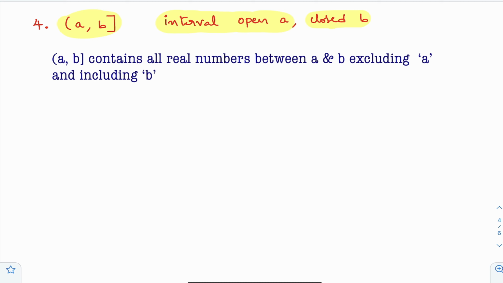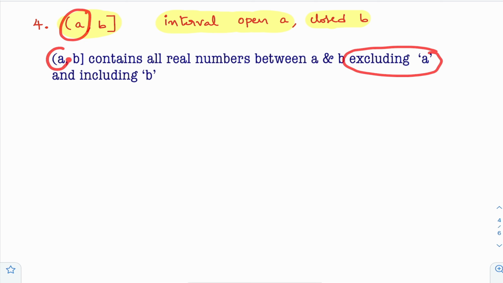Now, see this fourth one. How do you read it? The interval open A comma closed B. This is the interval open A closed B. The interval open A closed B contains all the real numbers between A and B, excluding A and including B. You can observe here at A, an open bracket is there.